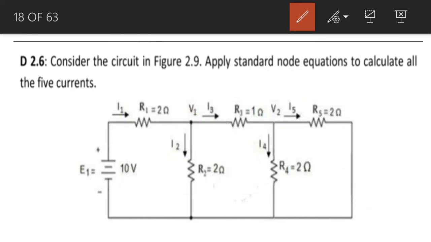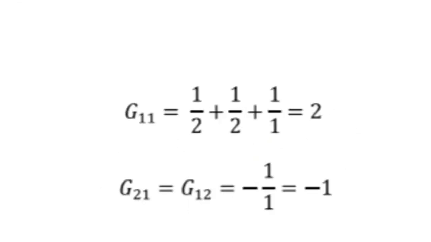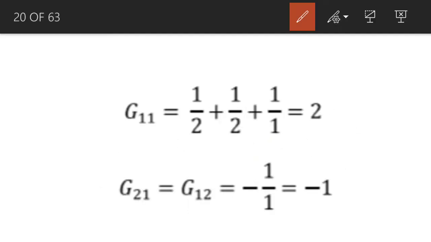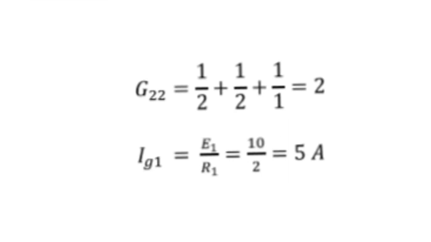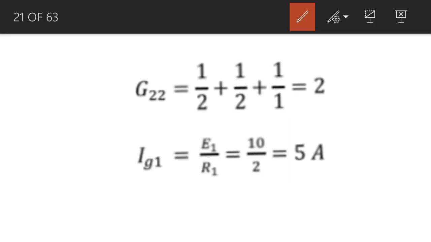So let us consider the value of G12 over here. You see, we have calculated G12 as well as G21, that is equal to minus 1 by 1, which is equal to minus 1. So let us calculate G22 now.